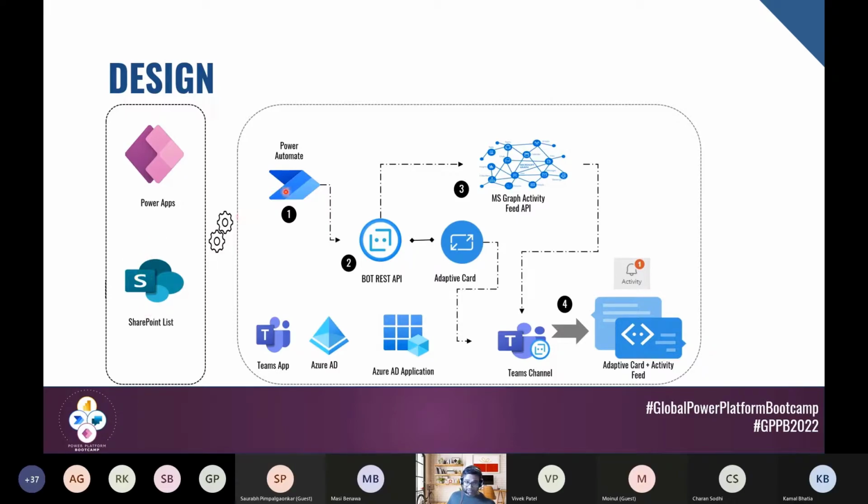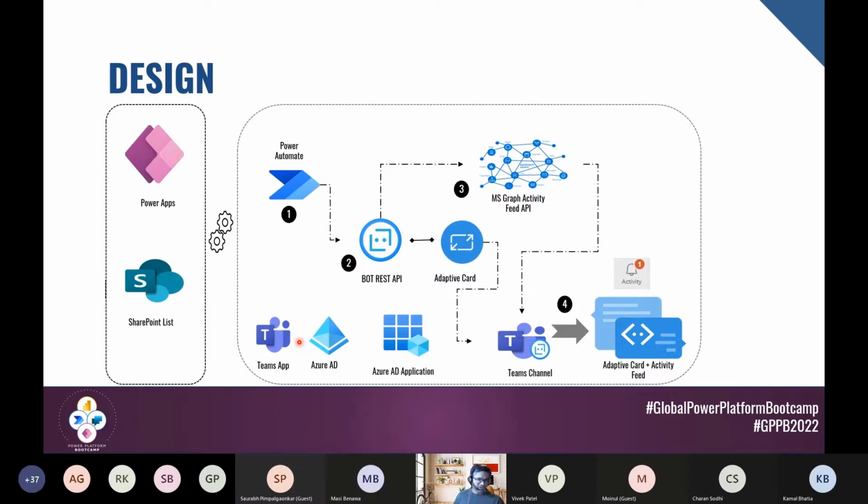So once that is done, the Power Automate flow picks up whenever there is a new item in the SharePoint list, and then we will use the REST API for the bot framework, because the custom app which we will have is going to have a bot, a Teams bot, right?